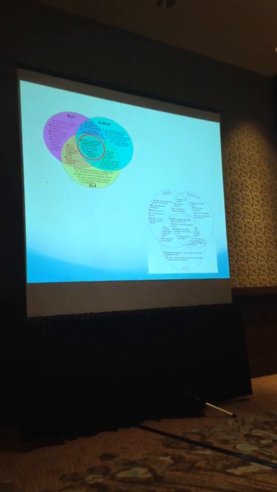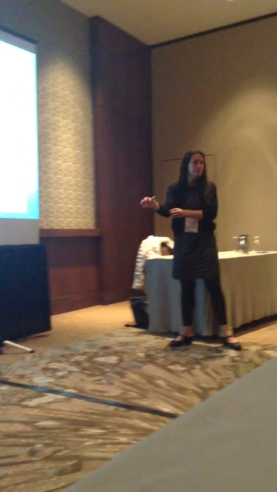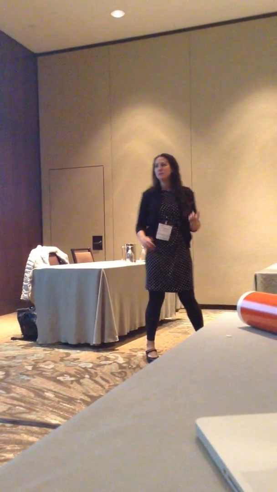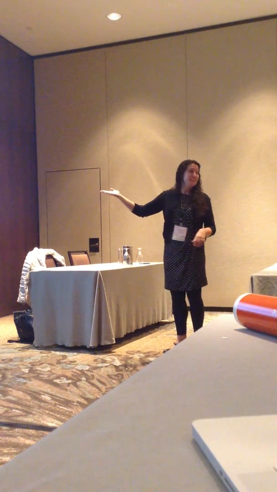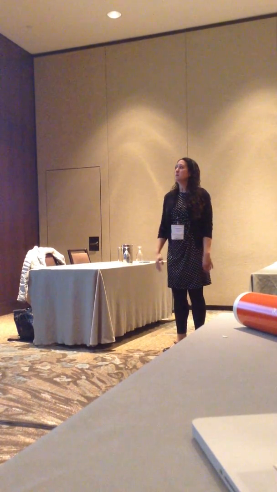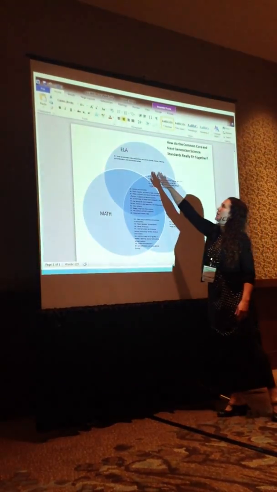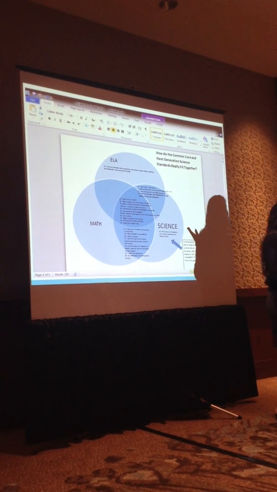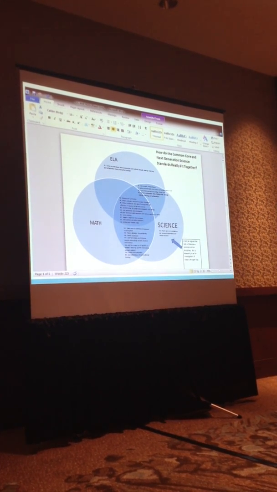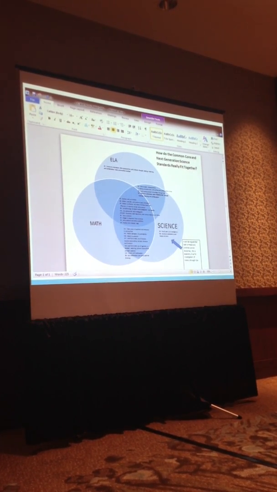They've decided that this is how they all fit together. I disagree. This is how I see them in my room, fitting together. And I have some cultural perspectives up here by itself in English language arts, but that really depends on what you're teaching. That could be blended in as well.